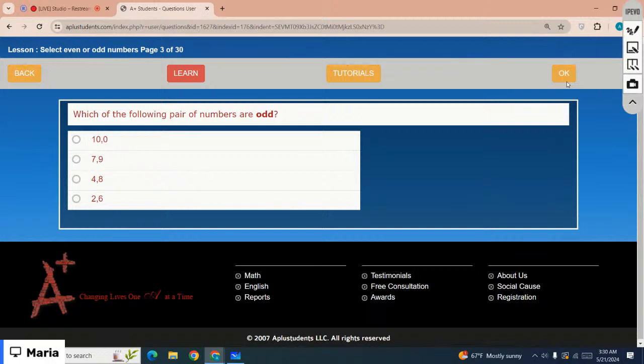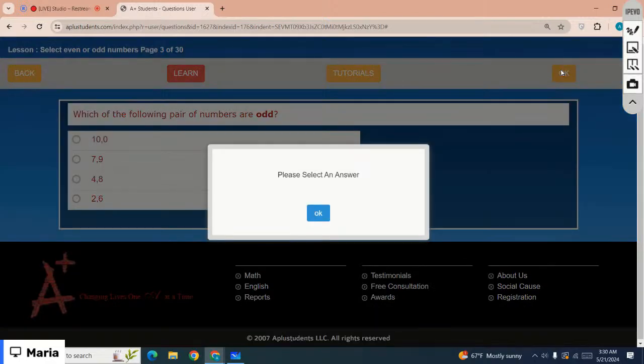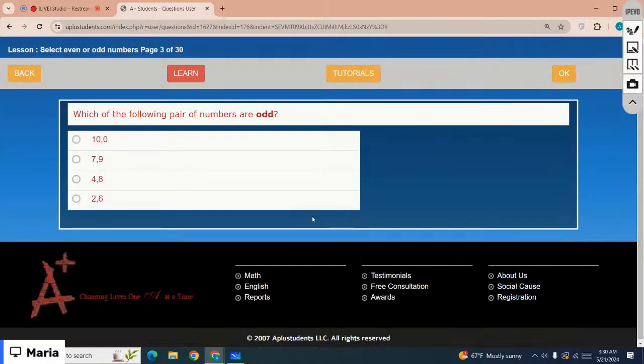The correct option is the second one. 7 and 9 are the odd numbers, right? Okay, I forgot to click.